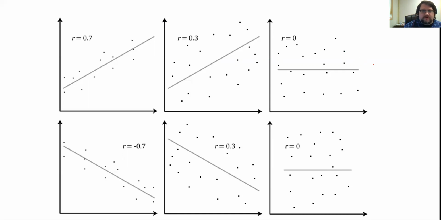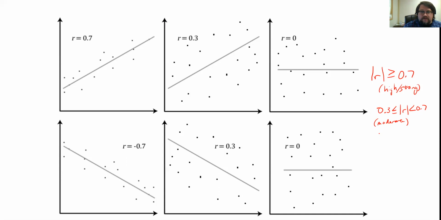Again, different books are going to say different things, but we're just going to say if this R value is greater than or equal to 0.7, we're going to call that a high or strong relationship. If it's greater than or equal to 0.3 but smaller than 0.7, we're going to say that's a moderate linear relationship.